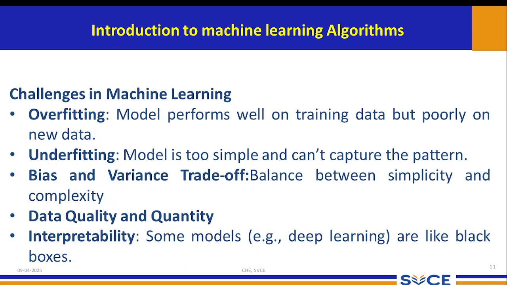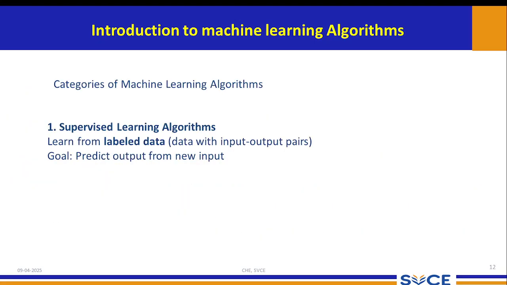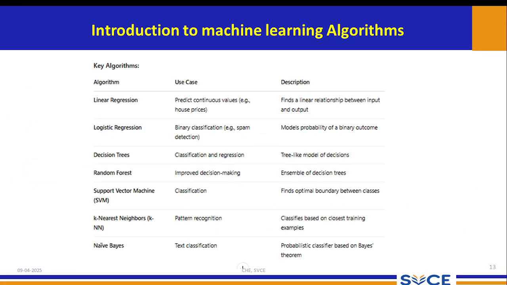The challenges in machine learning are overfitting, underfitting, bias-variance trade-off, data quality and quantity, and interpretability, which we have already discussed extensively. Coming to the algorithms, we have linear regression, logistic regression, decision tree, random forest, support vector machine, and naive Bayes.